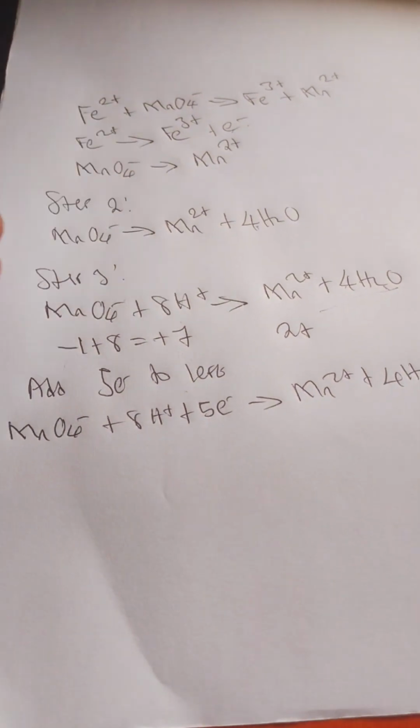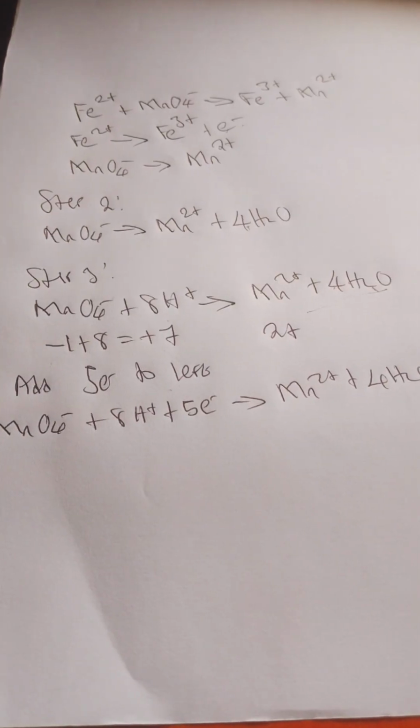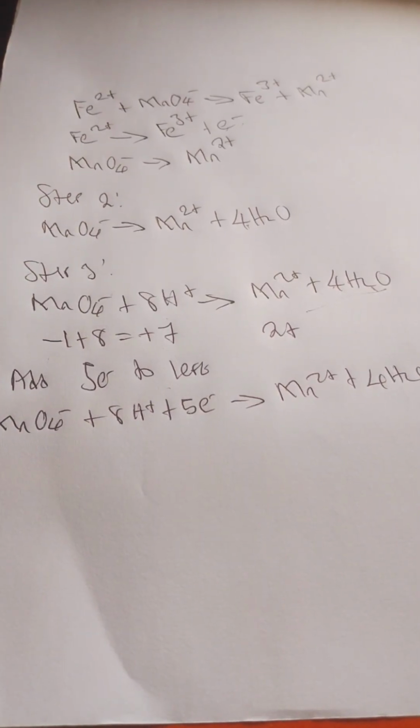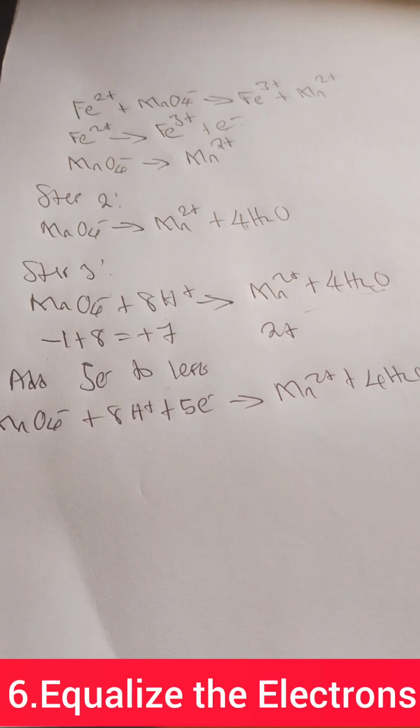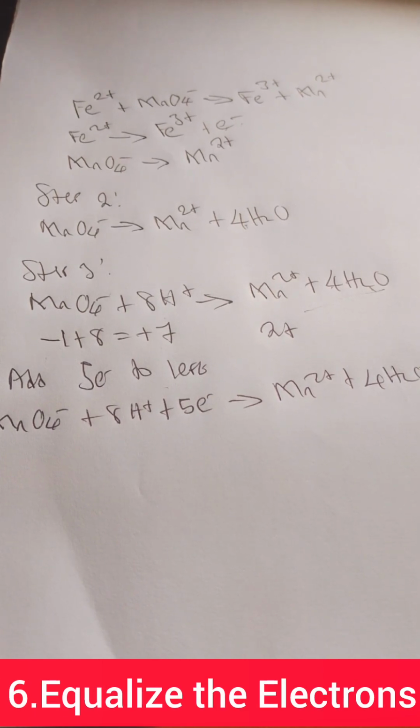Now the next step, which we usually call step 6, after balancing the charges, is to equalize the what? The electrons. Equalize the electrons. And how do you equalize the electrons?